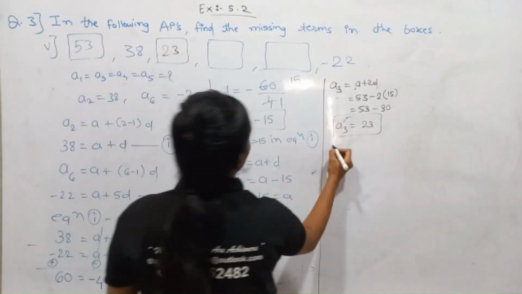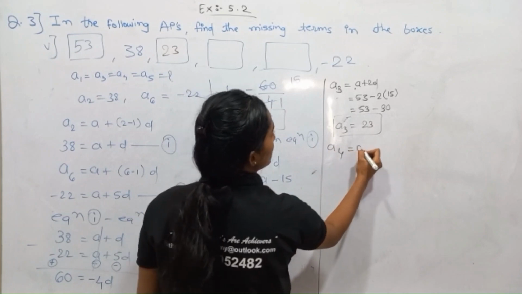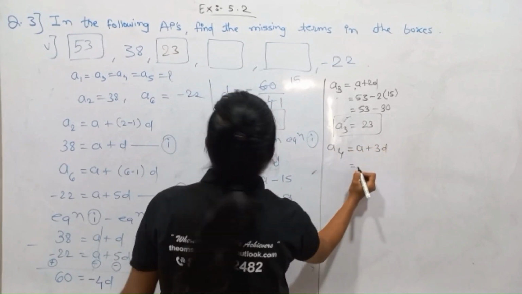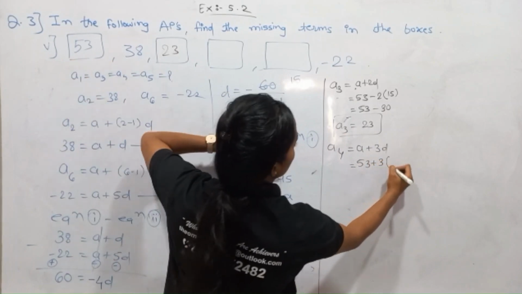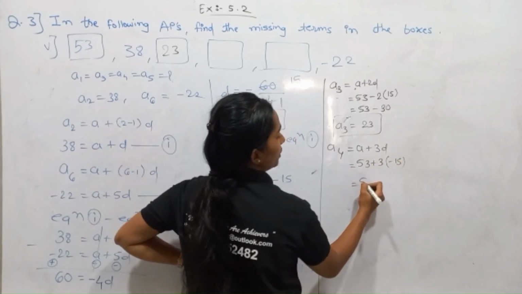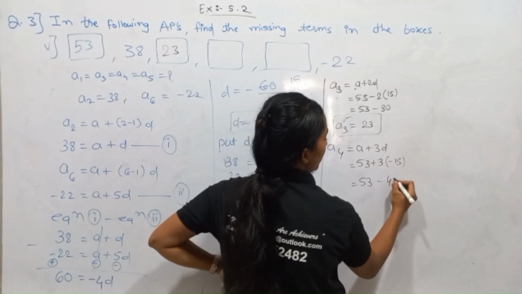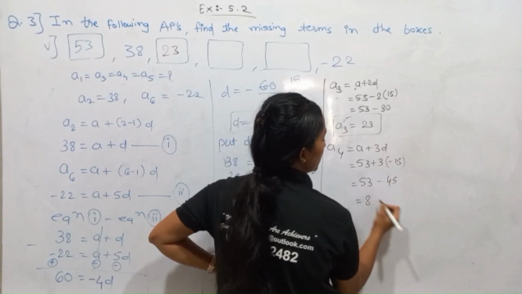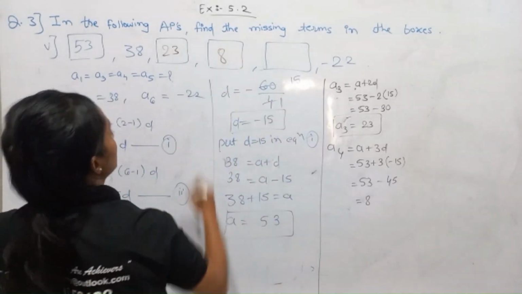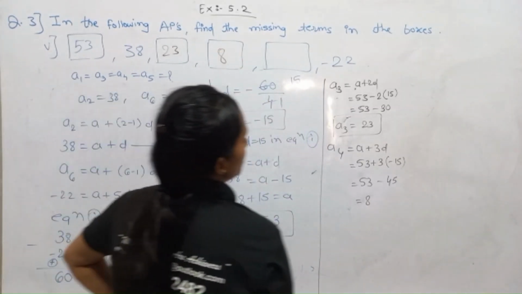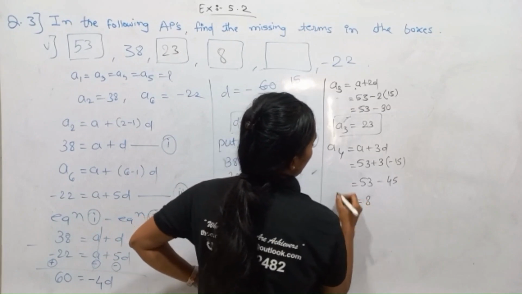Now I have to find out term 4. Term 4 is nothing but A plus 3D. A is 53 plus 3 into distance, minus 15. 53 minus 45 is nothing but 8. So this is how I got A4.